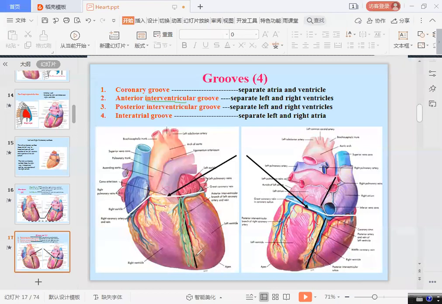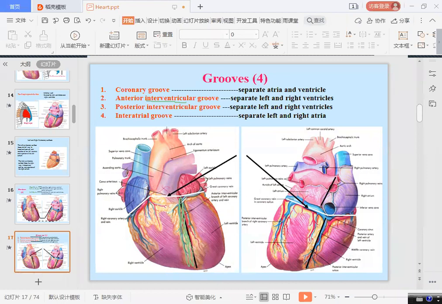There are 2 grooves, one anterior and one posterior. The anterior one is known as the anterior interventricular groove, because this groove divides the left and right ventricle into 2 parts, left and right.